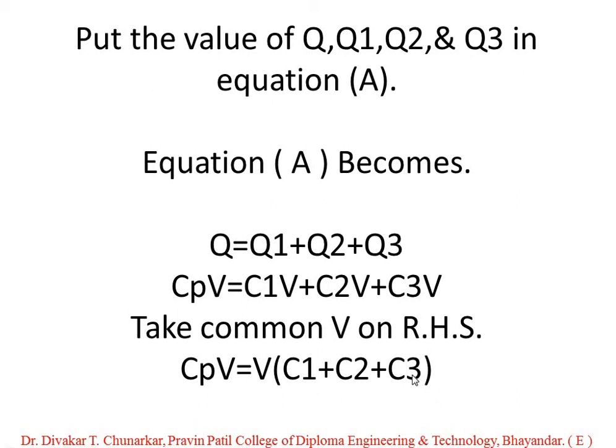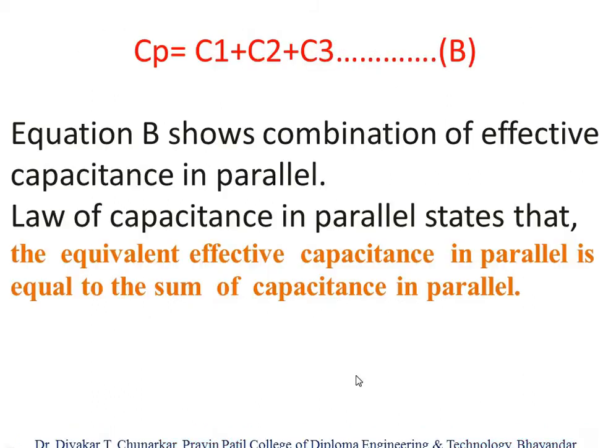In the case of series combination, 1 upon Cs equal to 1 upon C1 plus 1 upon C2 plus 1 upon C3. But in parallel capacitors, Cp equal to C1 plus C2 plus C3, and this is our equation for the combination of parallel capacitance. From this equation we can say that the equivalent capacitance in parallel is equal to the sum of capacitances.